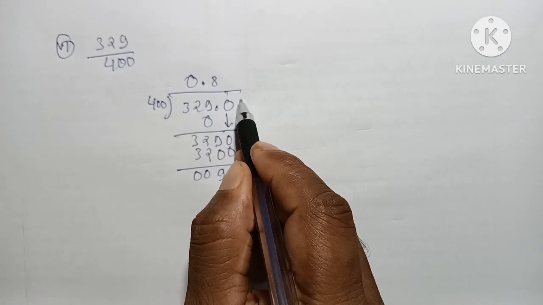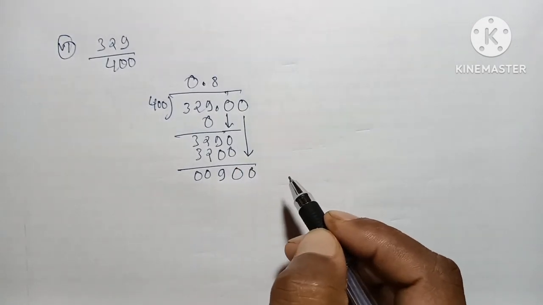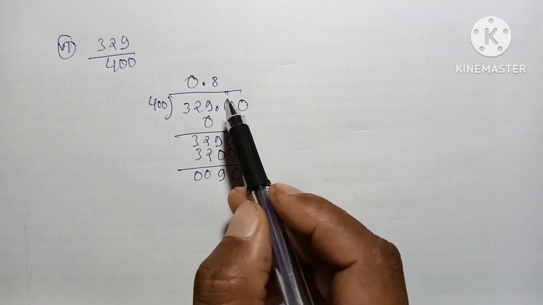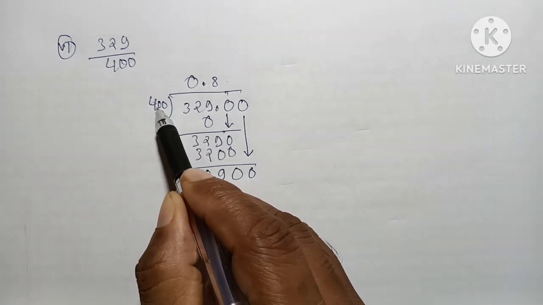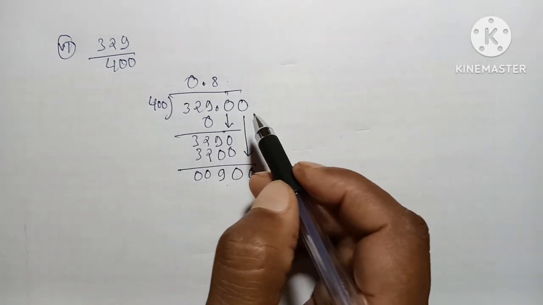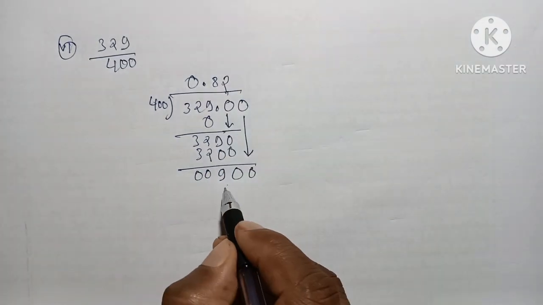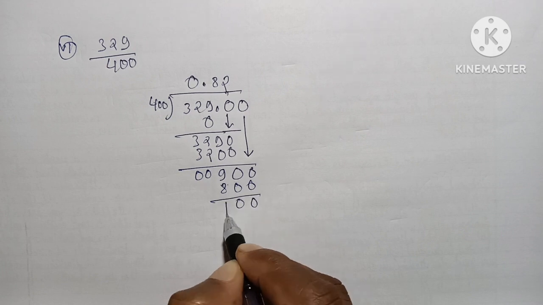Now here also give 0 and bring down 0. It is 900. Then 400 2s are 800. 400, 2 times you give 800. 0, 0, 1.